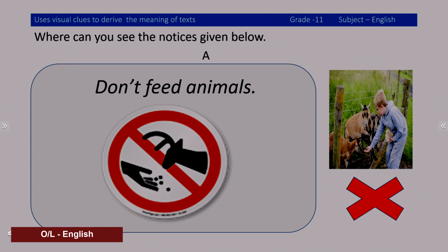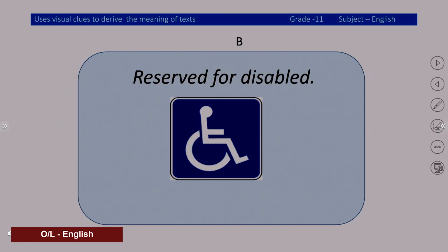I won't be able to show it to you once again. So this is A. Take a good look at it, please. Hope the image is clear. Right, keep in mind, this is A. B.